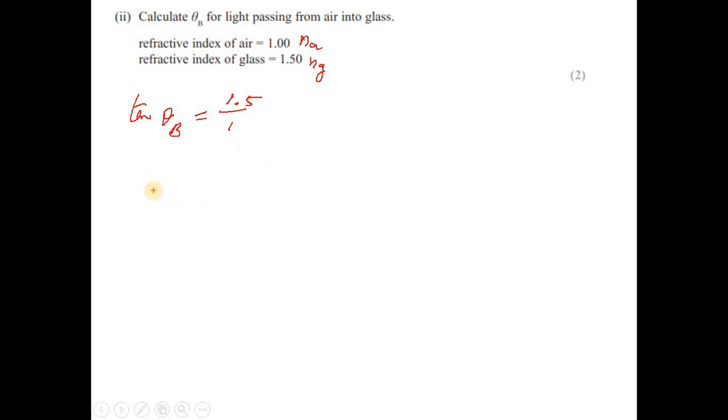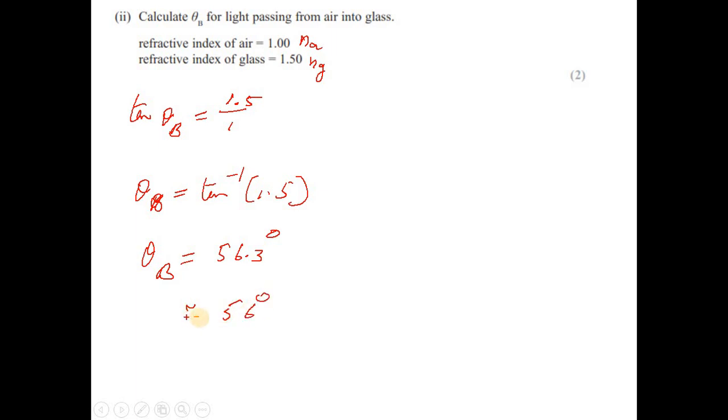If you solve this equation, theta b would be equal to tangent inverse of 1.5. So theta b is 56.3 degrees, or you round it off to 56 degrees. This is the angle theta b.